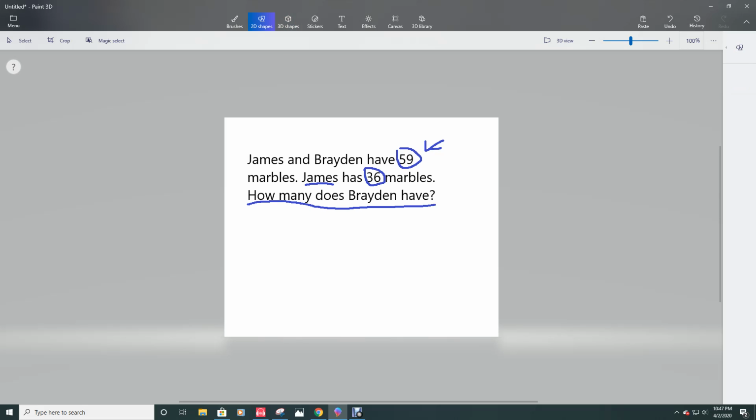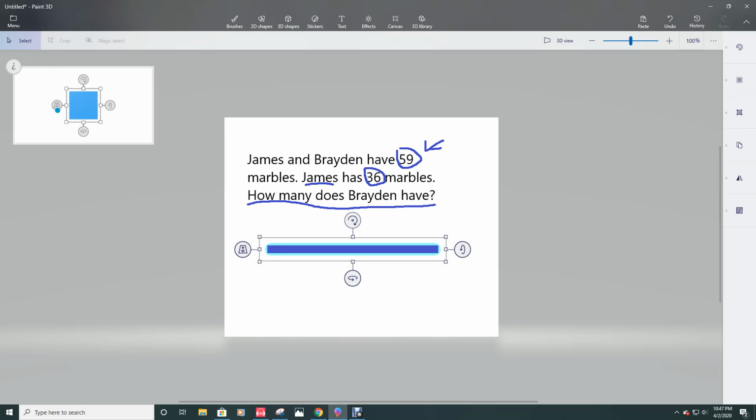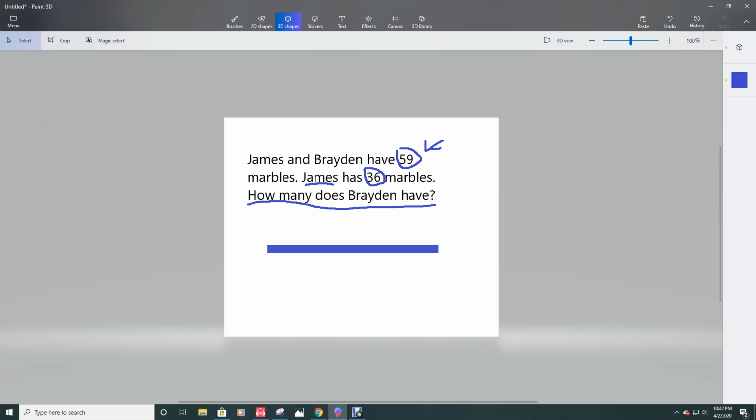So if we have a bar that looks like this, let's say that this right here is all of our marbles. It's all of them.